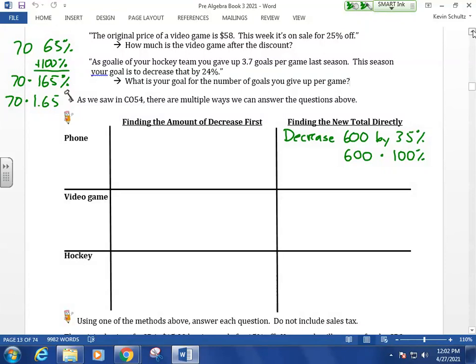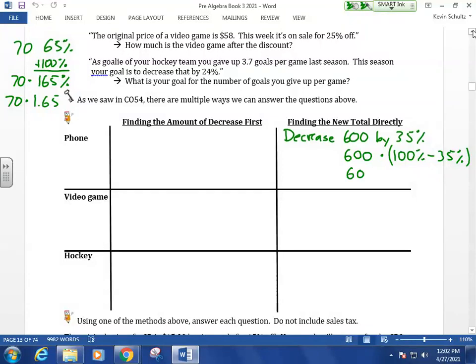So here's what we're going to do, and you can write this part down now. We're going to take 600 times 100% minus 35%. Because we're starting at 100%, that's our original 600, and we're decreasing that by 35. So what does that end up being?